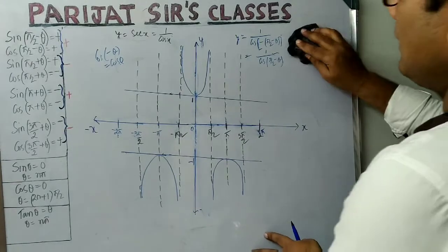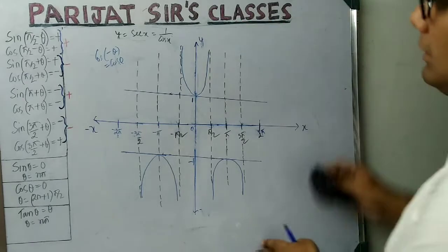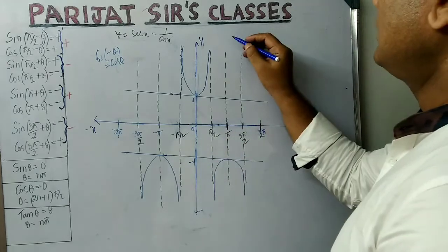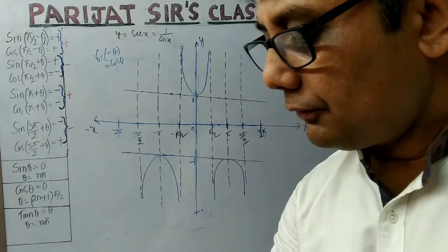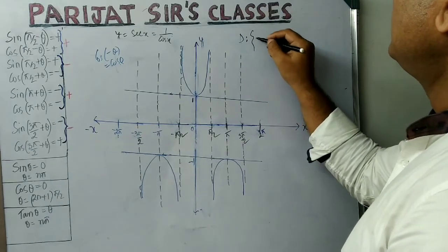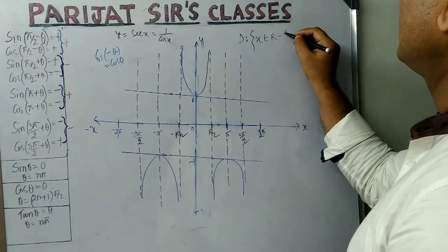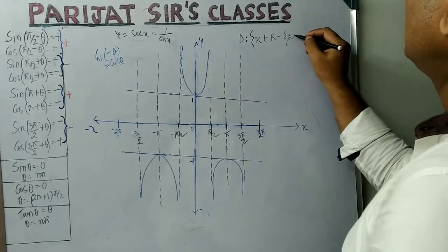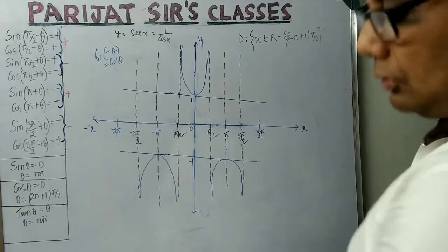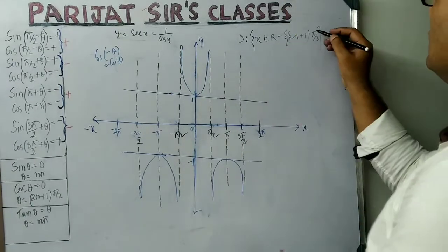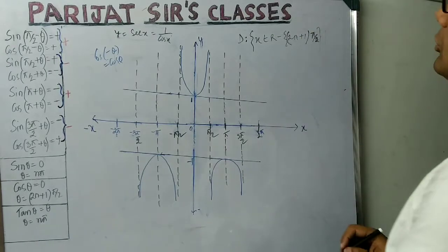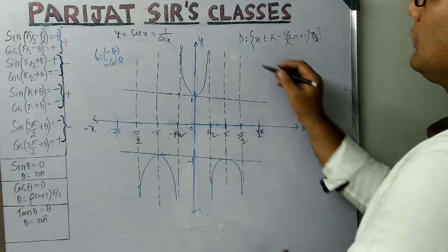So from this graph, what we can find out is, if y equal to SecX, the domain of the graph will be x belongs to real numbers but not 2n plus 1 pi by 2.